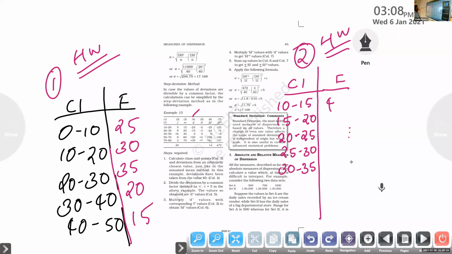Note down. Homework number 1: class intervals are 0 to 10, 10 to 20, 20 to 30, 30 to 40, 40 to 50. Frequencies are 25, 30, 35, 20, and 15. Homework number 2: class intervals are 10 to 15, 15 to 20, 20 to 25, 25 to 30, 30 to 35. Frequencies are 45, 50, 60, 40, 25.